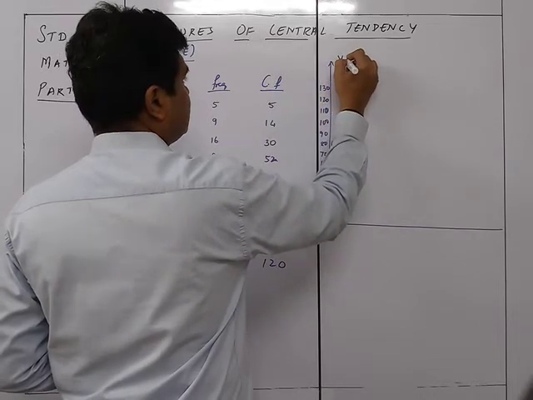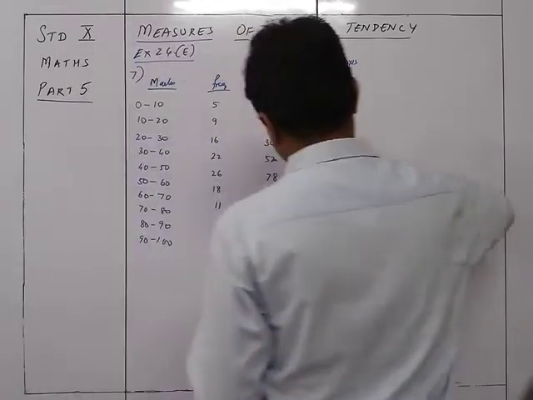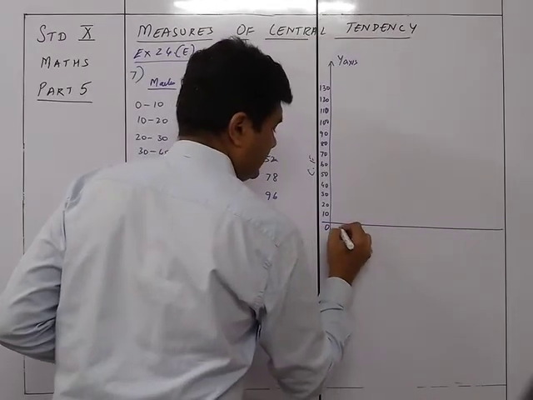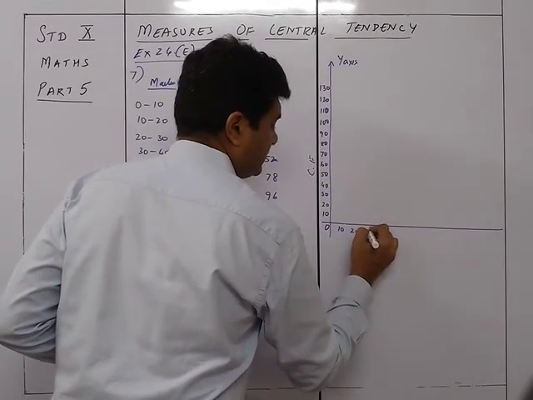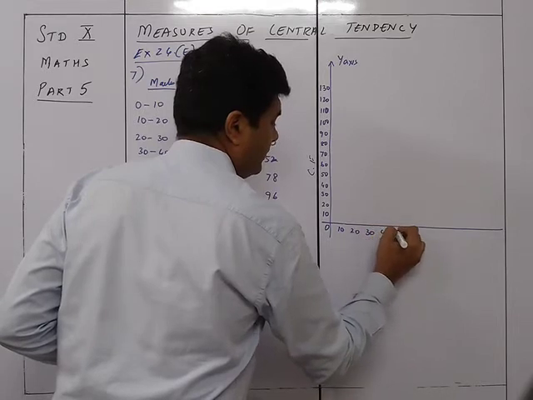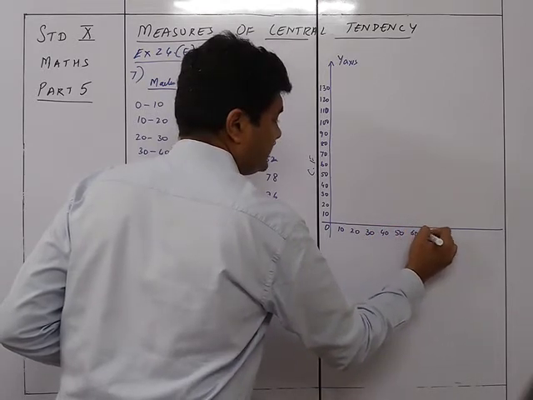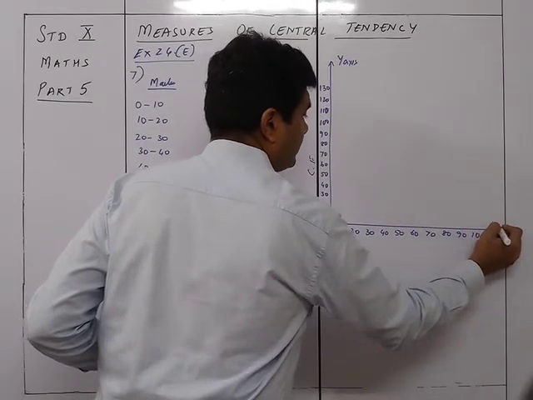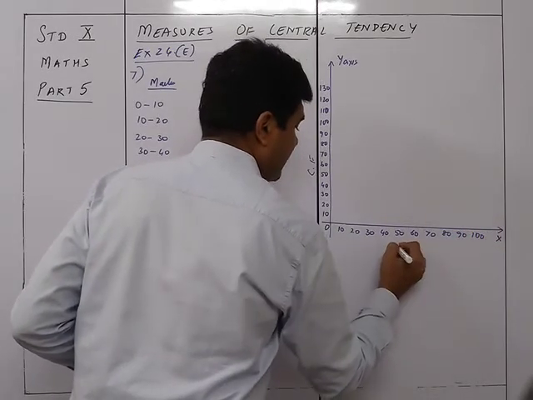This is the y-axis. This is the cumulative frequency. This is 10, 20, 30, 40, 50, 60, 70, 80, 90, 100. This is the x-axis. This is the marks.